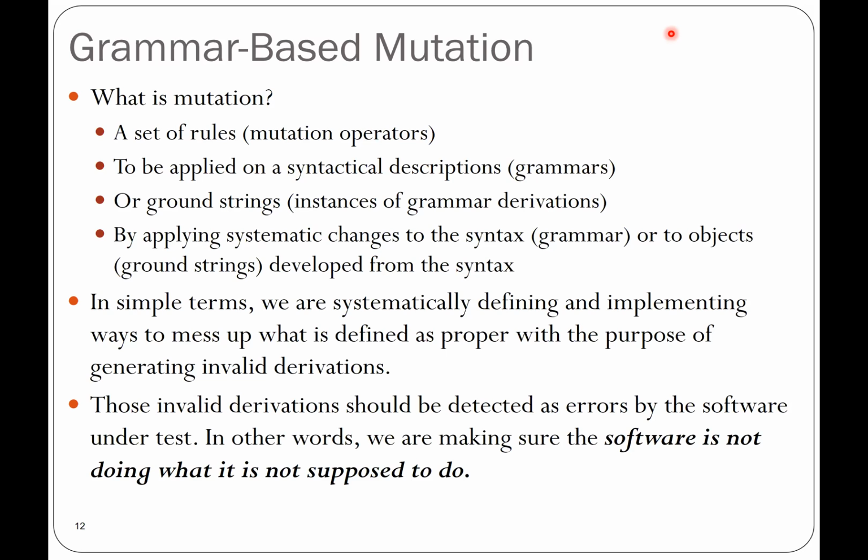And this is why mutation testing is important. As a matter of fact, it is the golden standard in the industry right now. That's really the main goal of mutation testing.